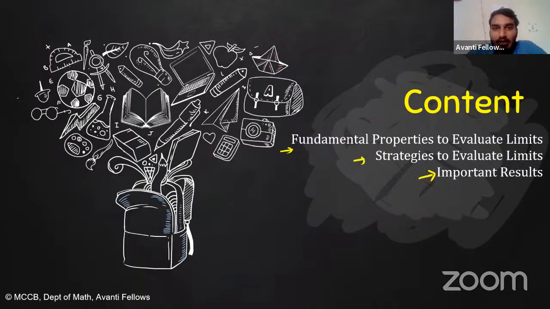Like in trigonometry, you have seen some formulae that you need to remember to solve important questions, similarly in limits, you have to remember some results so that for complicated questions, you are able to solve them directly. Clear, everyone? Okay, so let's start.